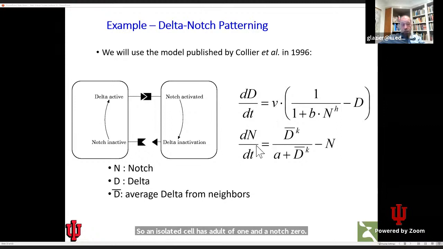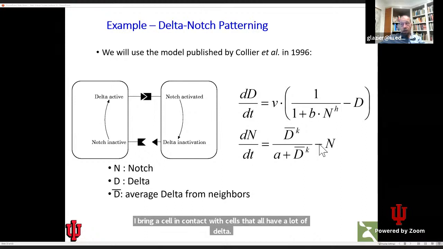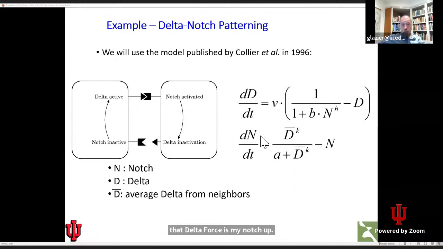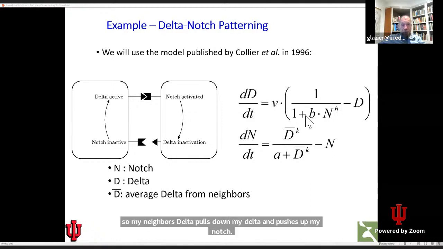If I bring a cell in contact with cells that all have a lot of delta, that delta forces my notch up. So I go from notch 0 to notch 1. When my notch level goes up, that pulls down my delta. And so my neighbor's delta pulls down my delta and pushes up my notch. We'll see whether that's actually what we see or not.